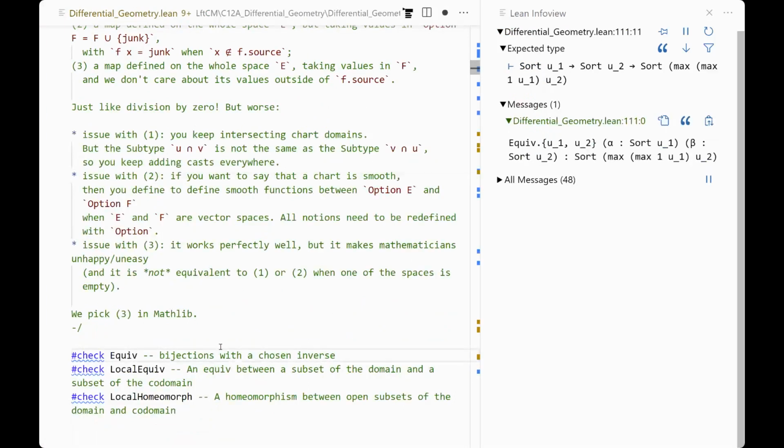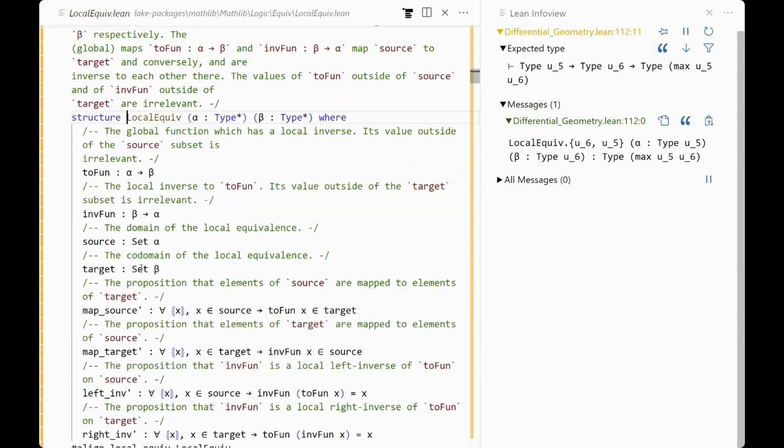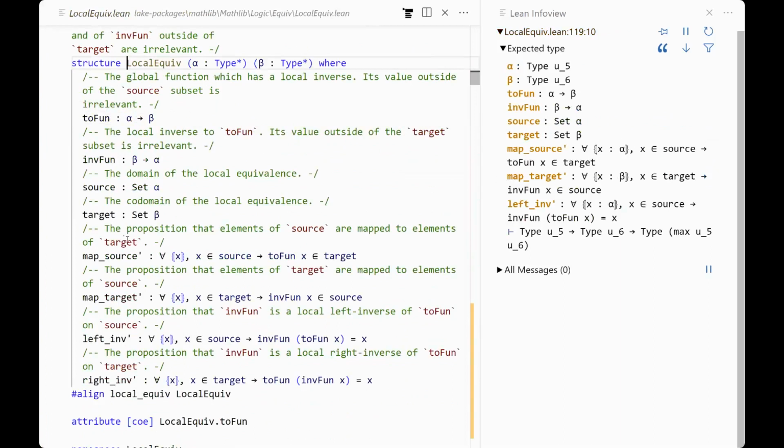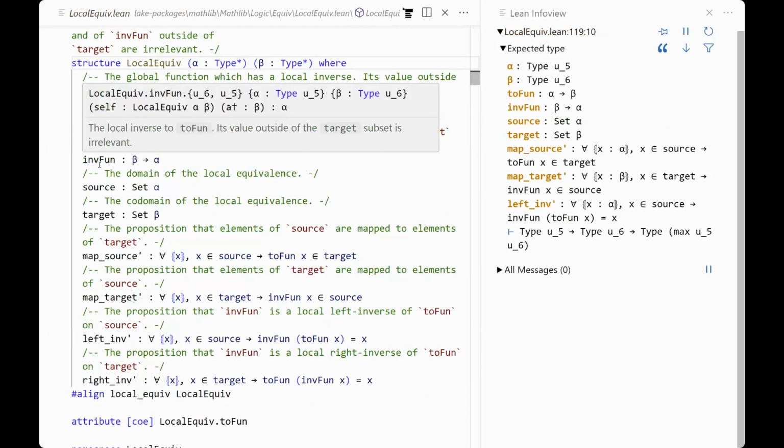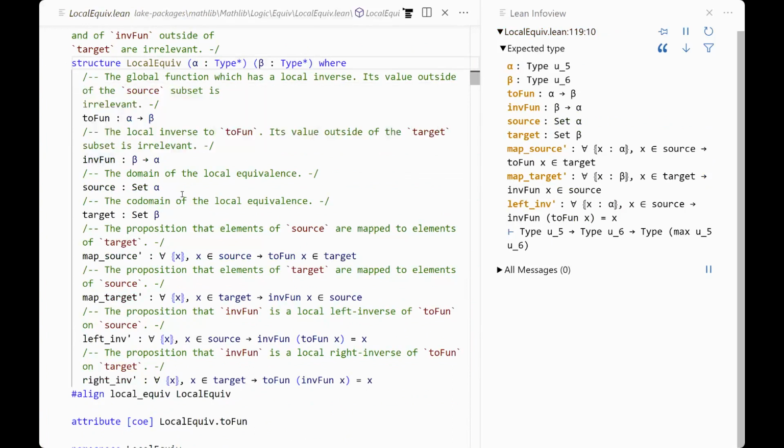And so then we can take a notion of a local equiv or a partial equivalence. That is a bit more complicated, but it's the same idea, but they are restricted to subsets. But here you see the functions toFun and invFun are really functions on all of the types, but then there's a designated source and target, the domain and the codomain, and we only assume that the two functions back and forth are well behaved on those source and target.